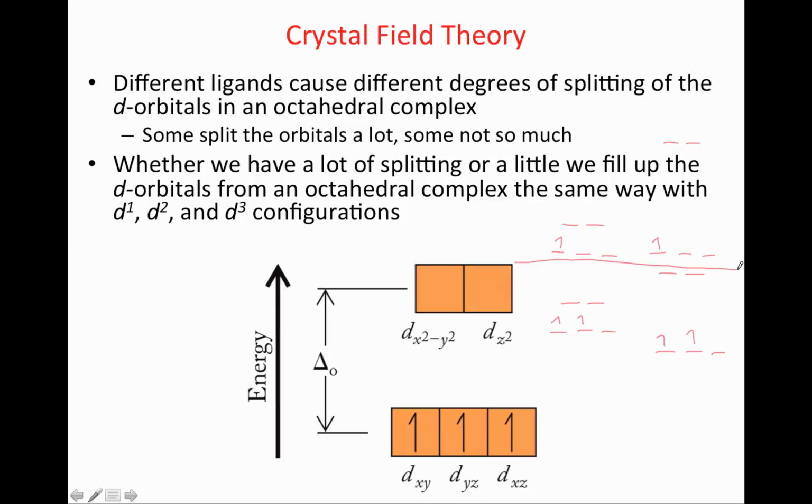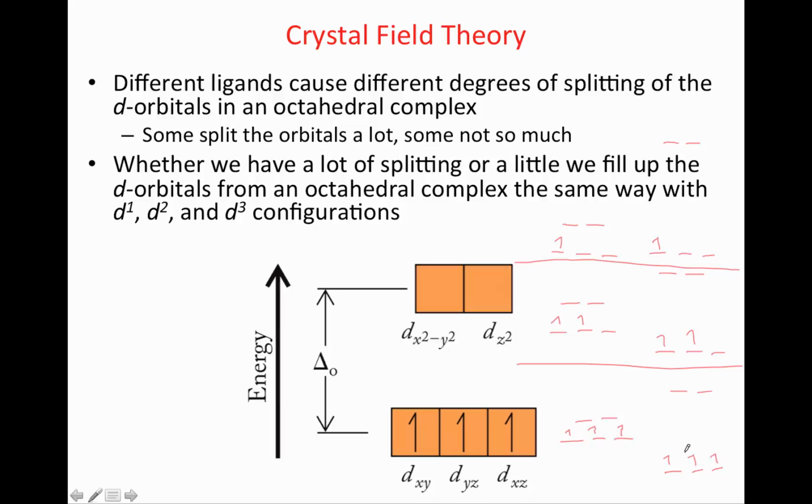And I guess we could separate that out, and so we separate this here. And so now if I have 3 electrons, then they just go into the lower energy orbitals like this.